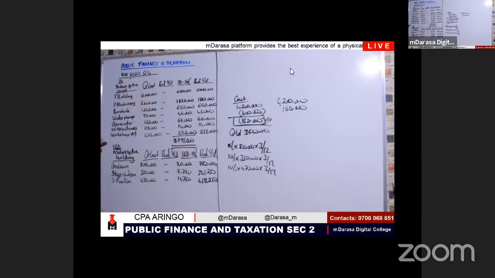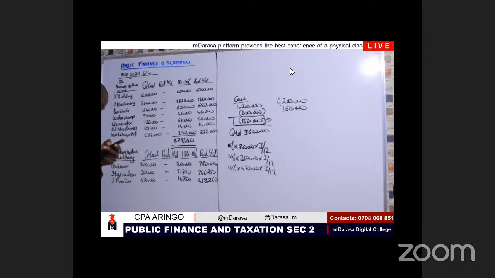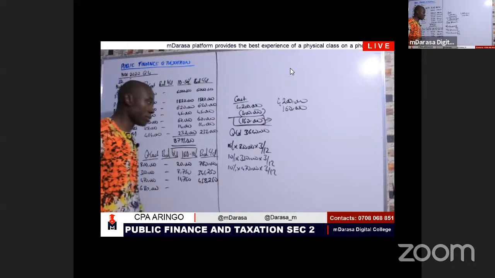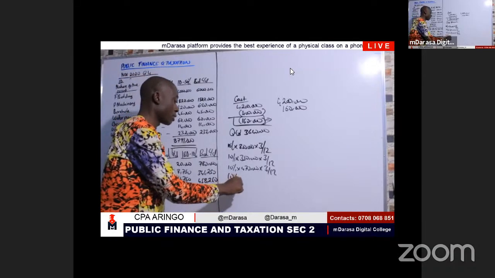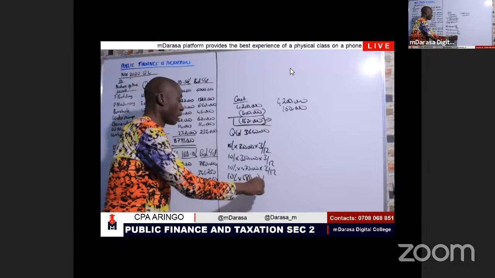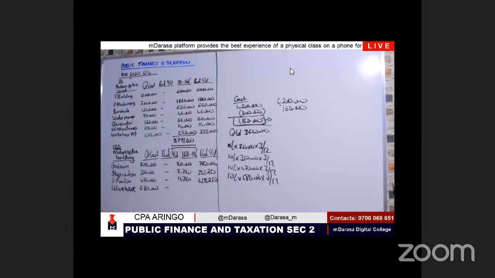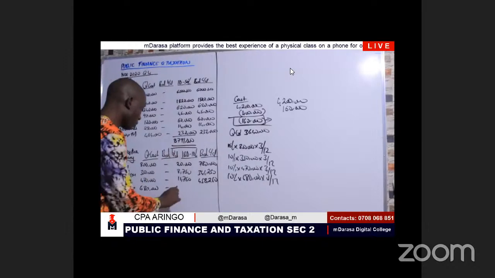The other item after the sports pavilion is the warehouse. The same procedure: 10% times 680,000 times 3/12, which gives us 17,000.